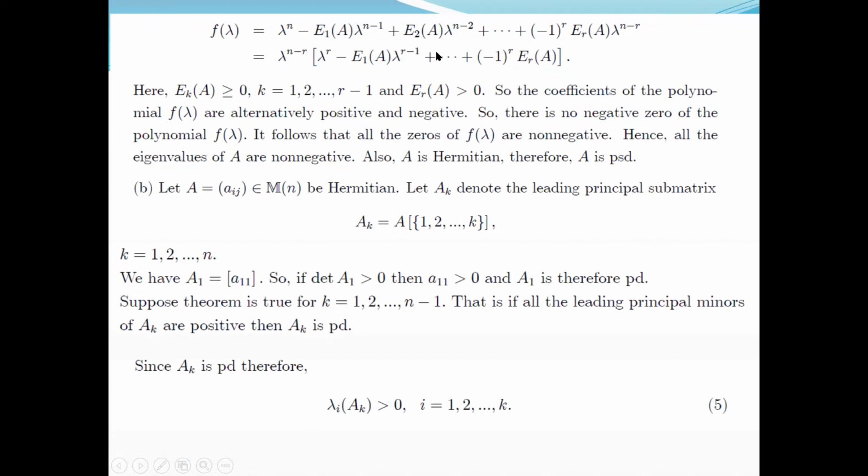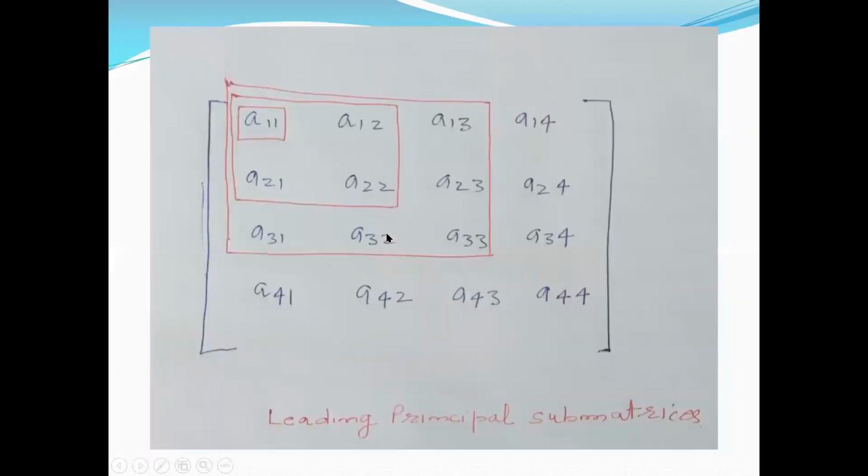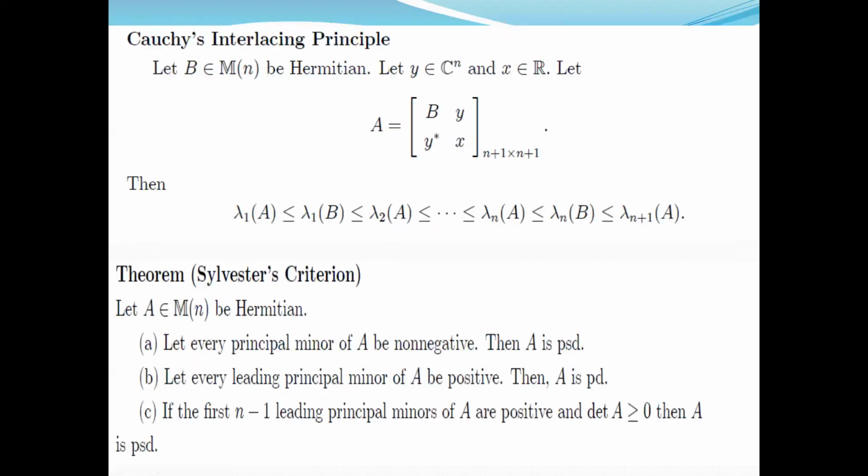And from here, all the eigenvalues are again non-negative using the same argument. Again, matrix A is positive semi-definite. Now take the second part. If all the leading principal minors are positive, then A is positive definite.